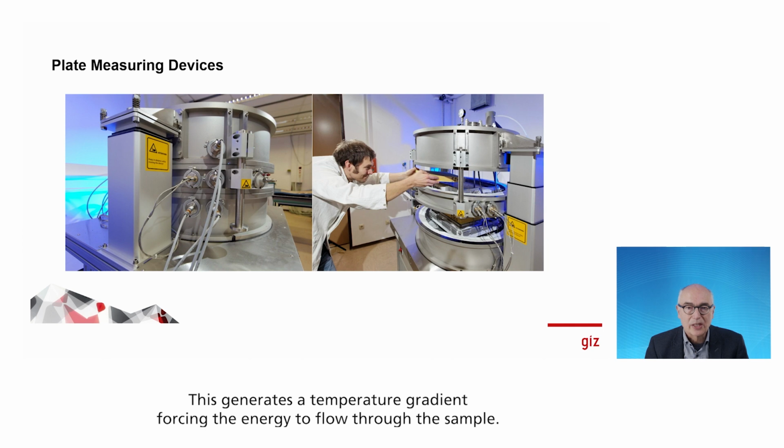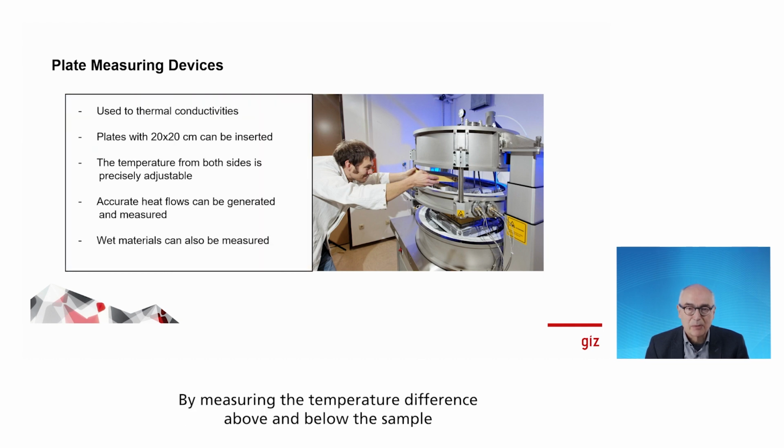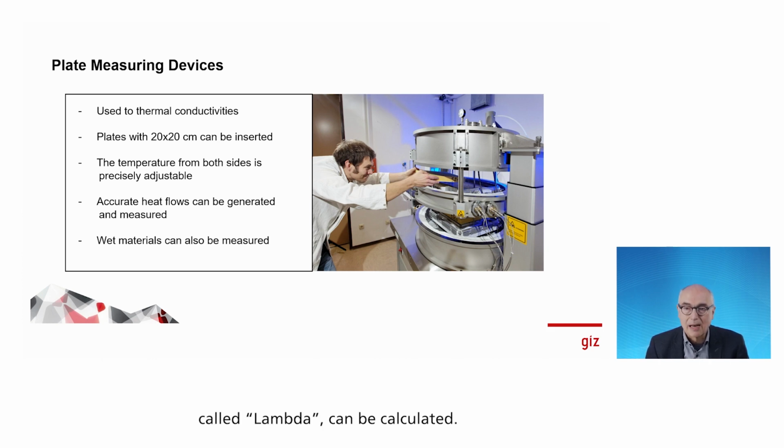This generates a temperature gradient, forcing the energy to flow through the sample. By measuring the temperature difference above and below the sample and the energy needed to keep the temperature difference constant, the heat flow through the sample can be determined and the thermal conductivity, called lambda, can be calculated.